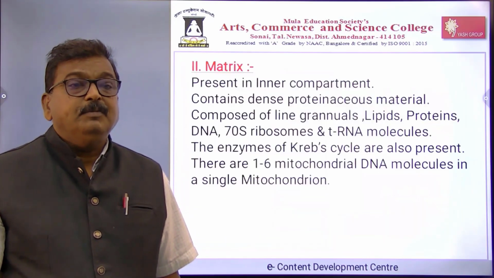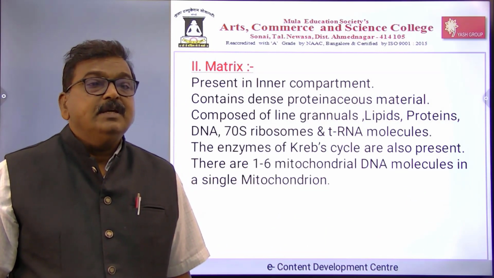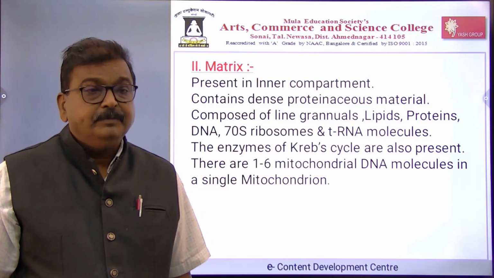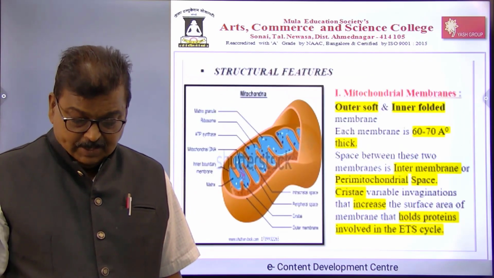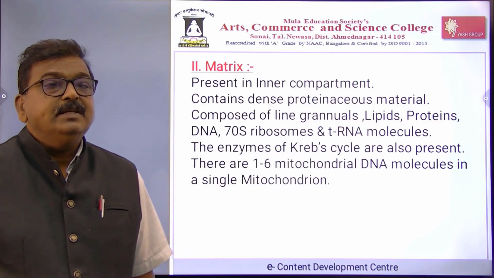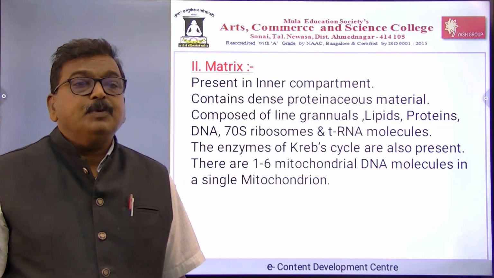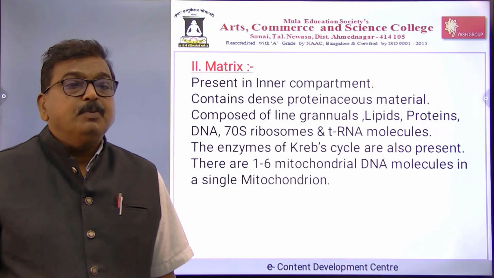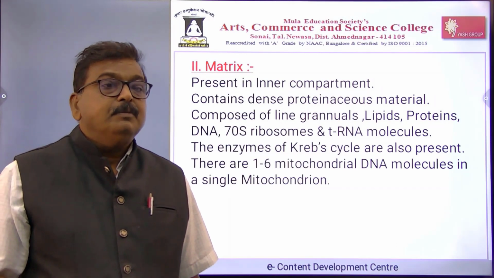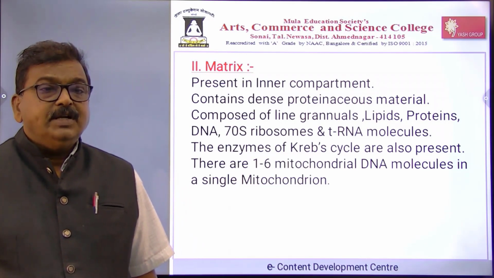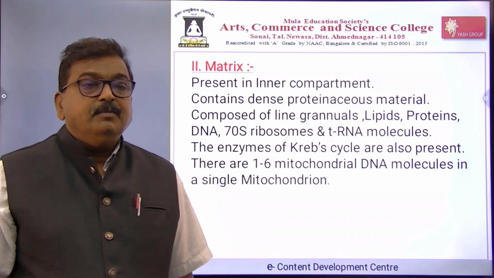Now, the second part of the mitochondria is the matrix. Matrix is present in the inner compartment. See in the figure. Here we observe the matrix, and that matrix is present in the inner compartment, and it contains dense proteinaceous material which is composed of granules, lipids, proteins, DNA, 70S ribosomes and tRNA molecules.